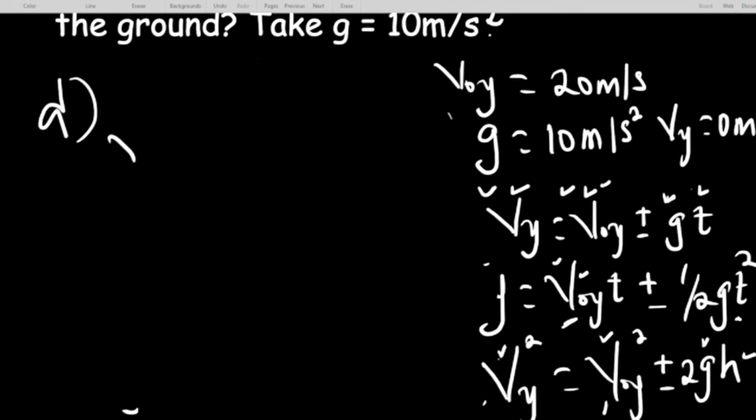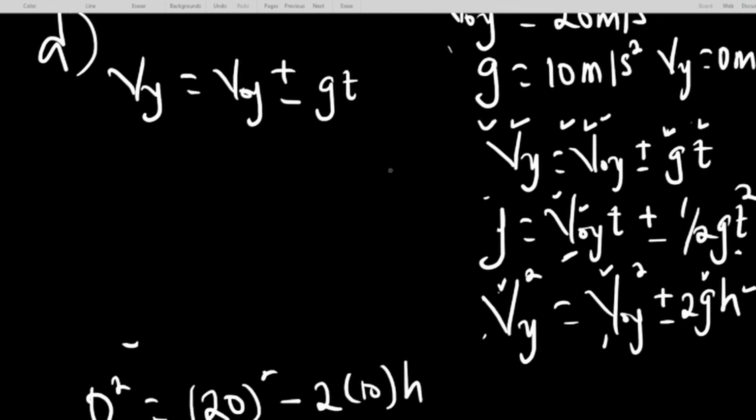So we say Vy is equal to V naught y plus or minus gt. Again, we say Vy is equal to V naught y minus gt. So I'm using the negative in this case because I'm going to use the initial conditions.